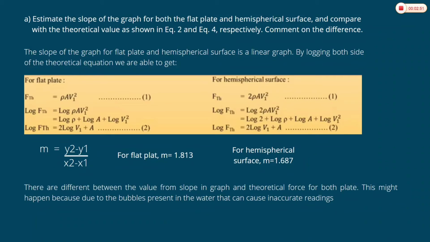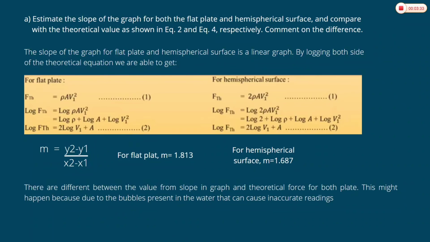The graph for the flat plate and hemispherical surface is linear. By taking the log of both sides of the theoretical equation, for the flat plate we get 2 log V plus log A, and for the hemispherical surface we also get 2 log V plus log A. The equation above is similar to y equals mx plus c, where m is the gradient.